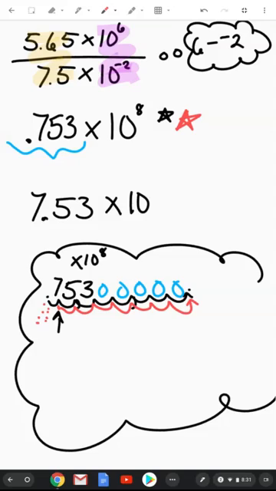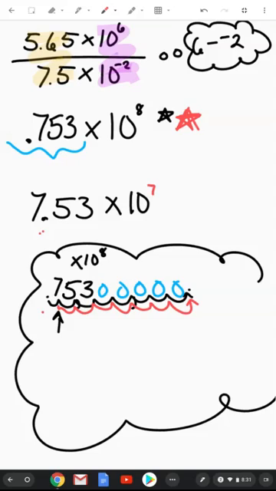Because of this situation, there's one less shift happening. So it's going to be only shifted 7 place values. So that's how I know that it's going to be 10 to the 7th, because I shifted one less space to get from this number to my target number, which is this giant number.